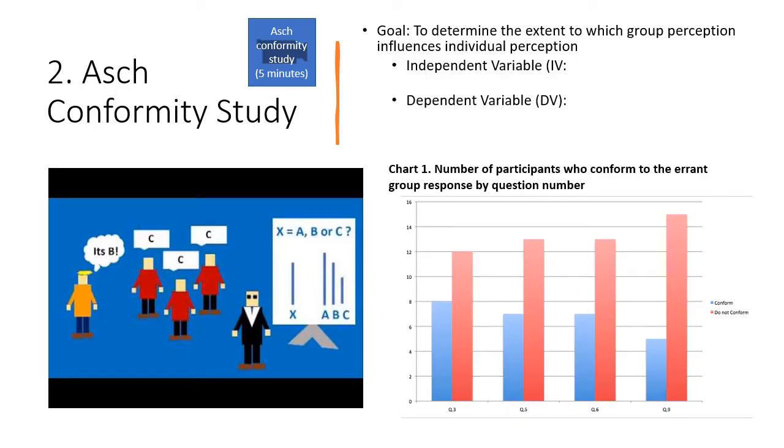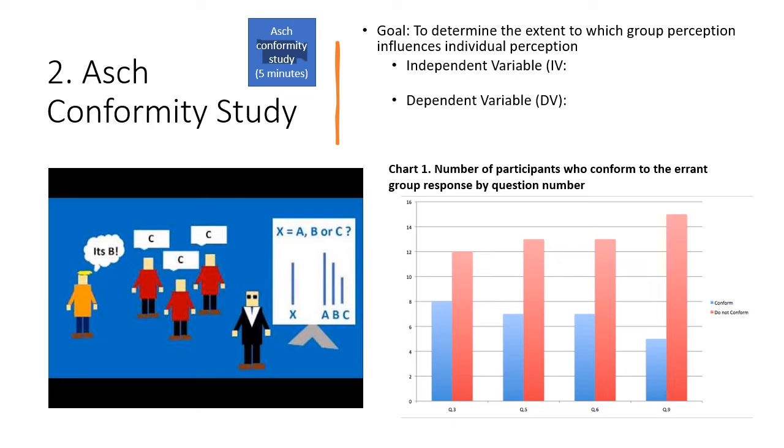The Asch conformity study. This study you've also seen, and it's one where the researcher showed individuals pictures of lines and asked them to tell whether line A, line B, line C was the same length as line X. So they think that this is a test of perception, of distance perception.